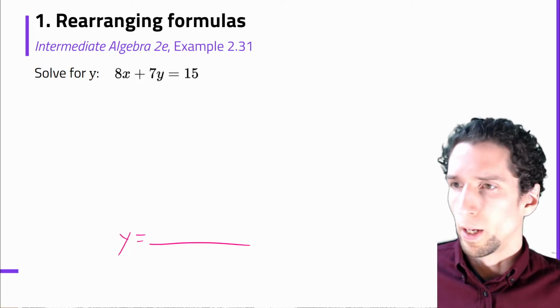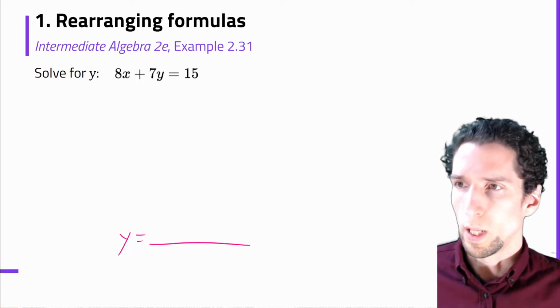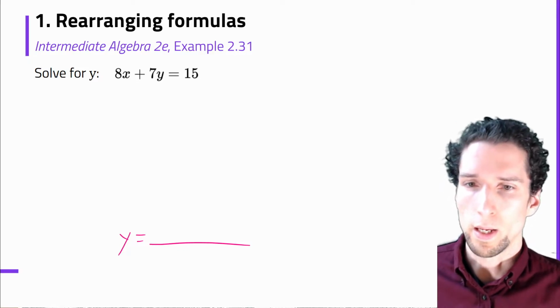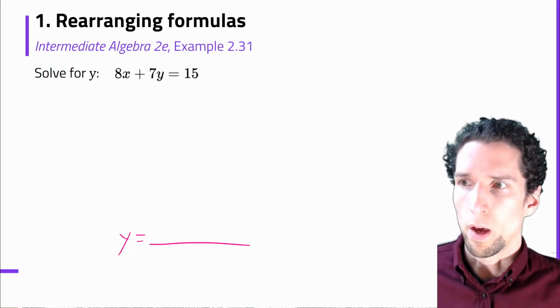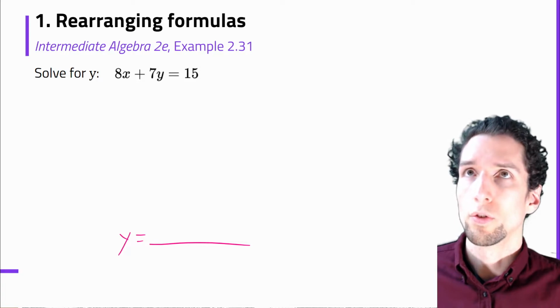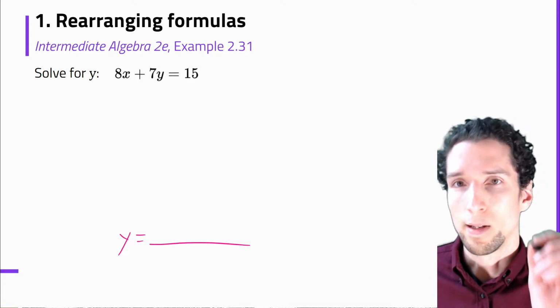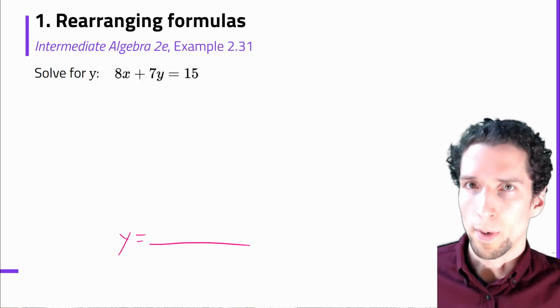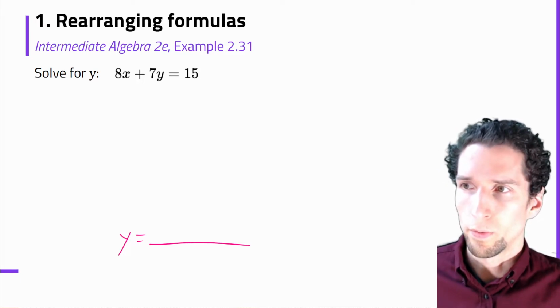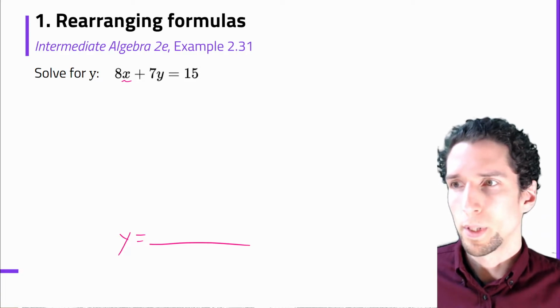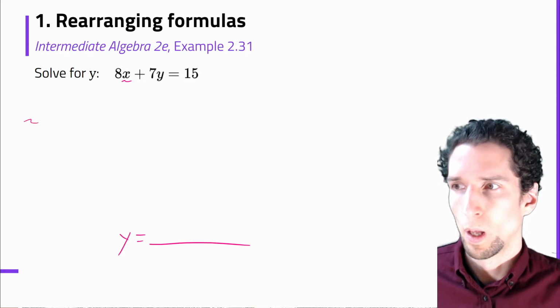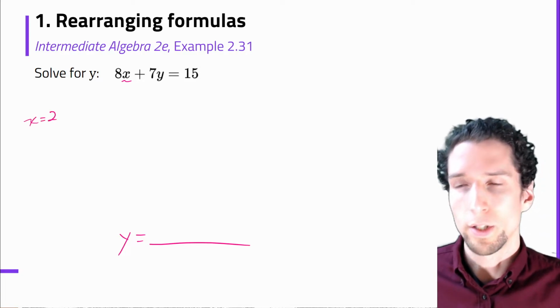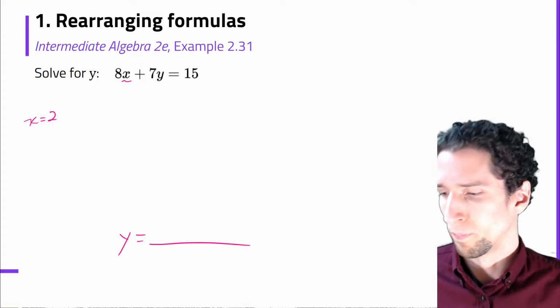All right, so the thing that we can do here is look at each variable that is not our target variable and just swap it out for some number. So instead of x here, we don't know this, but let's just pretend x is equal to 2.